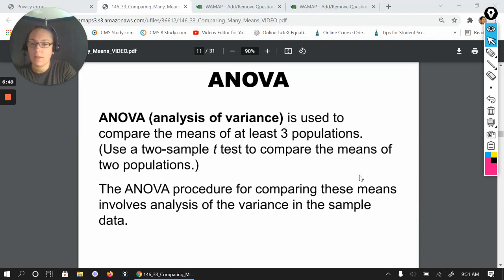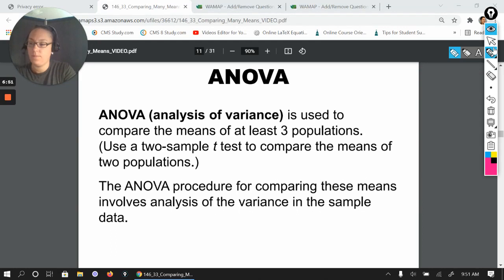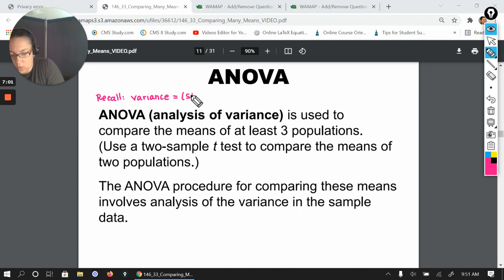So we're going to talk about something called ANOVA, but I want us to recall that variance equals the square of the standard deviation.